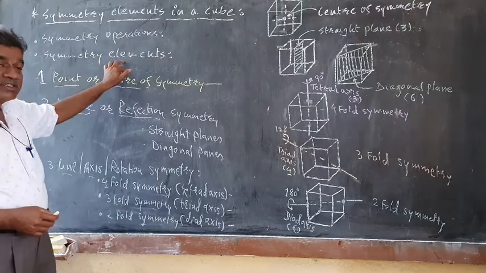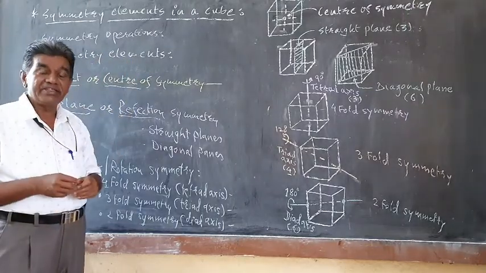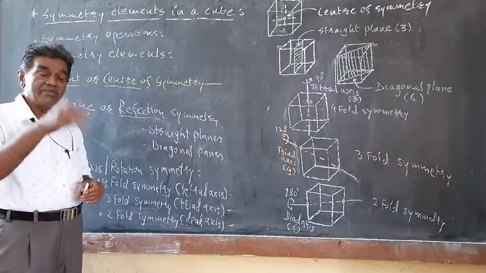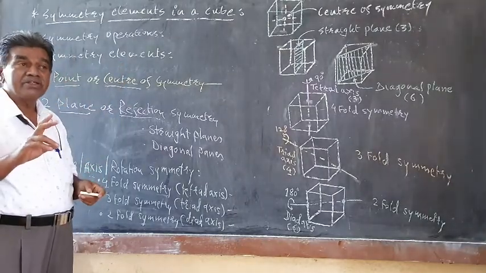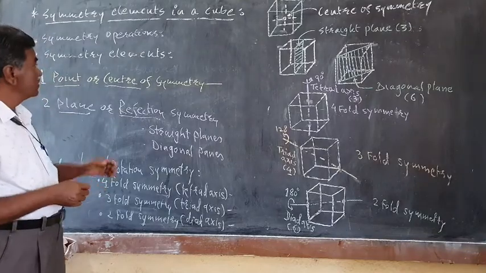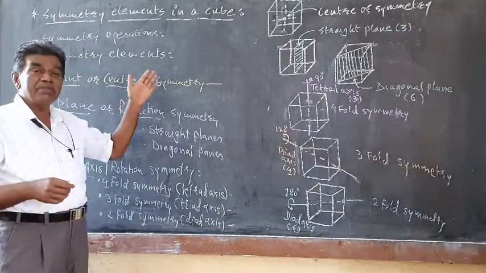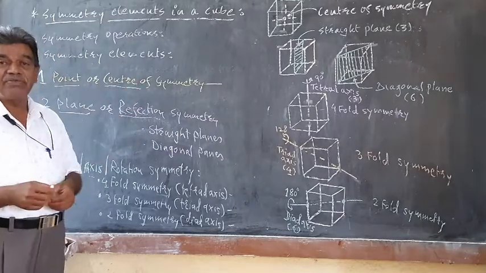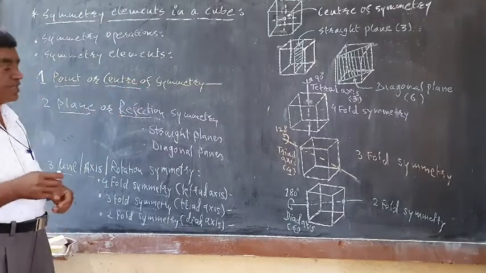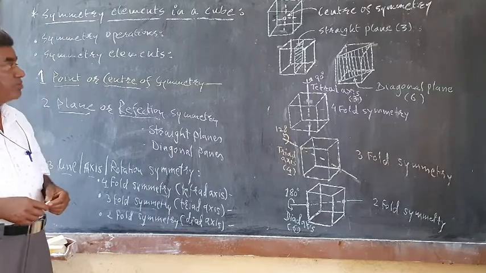Symmetry elements are the geometrical entities. It may be a line, it may be a plane, about which the crystal may be rotated or divided in such a way that it remains invariant, in its original configuration.